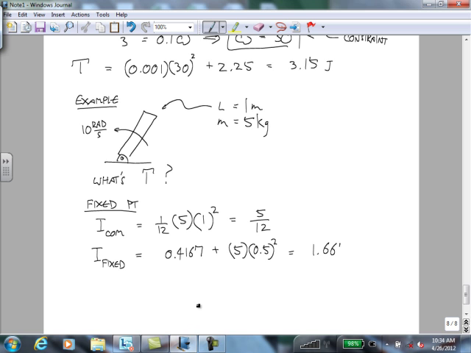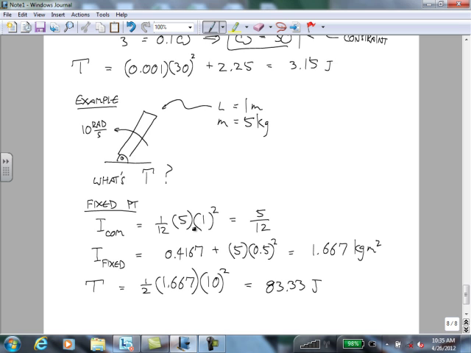You get 1.667 kilogram meters squared. Then the total kinetic energy is 1/2 times 1.667 times omega squared, and you get 83.33 joules. Any questions about that?